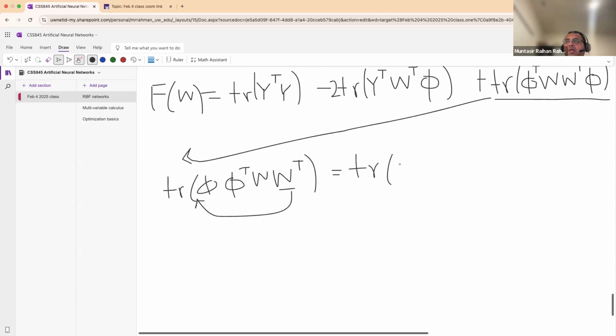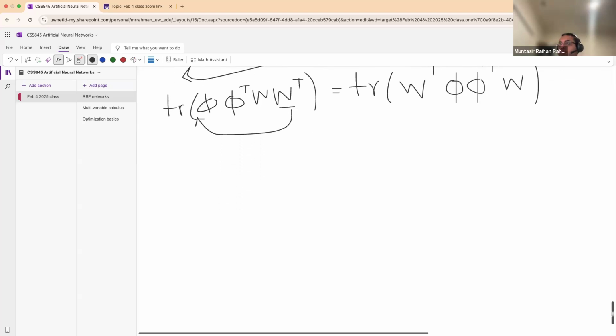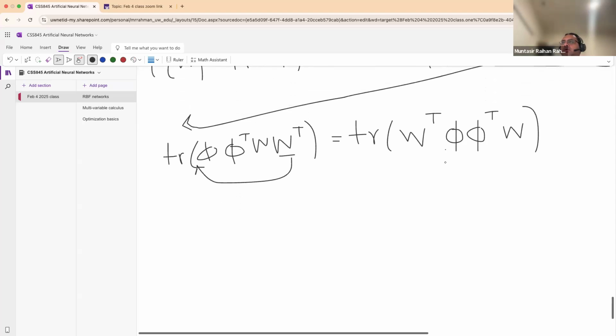So this would be W transpose phi transpose W. Okay. And then let's call this a matrix X just for convenience.